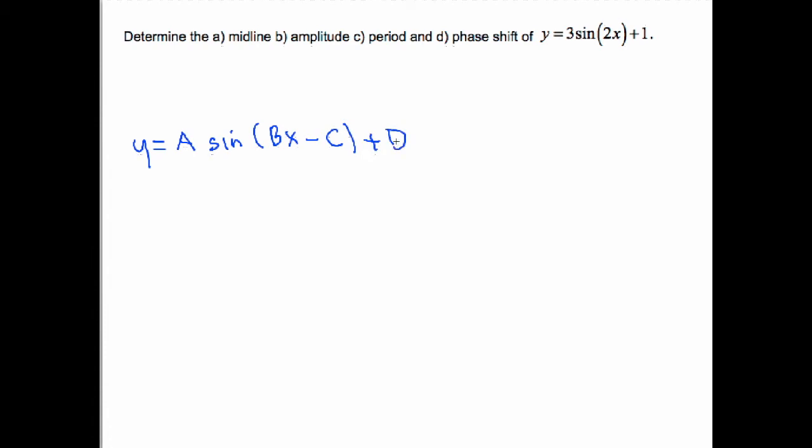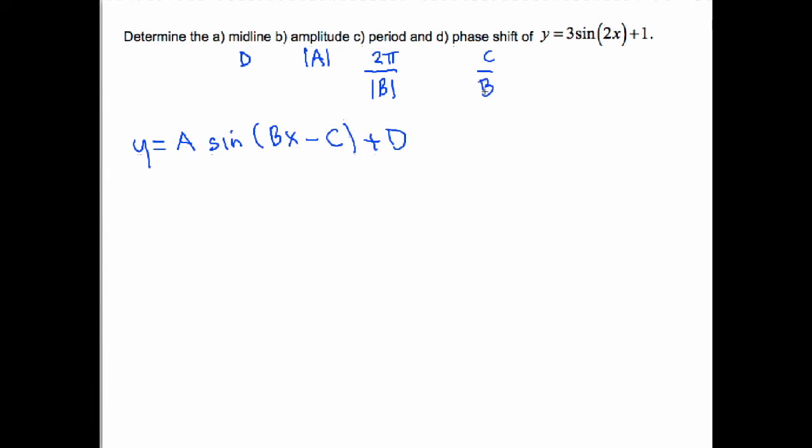And just so we can arrange our thoughts, as far as the midline is concerned, we get this from the value of d. Amplitude is the absolute value of a. To find the period, this would be 2 pi over the absolute value of b. And the phase shift, well, that would be c over b.